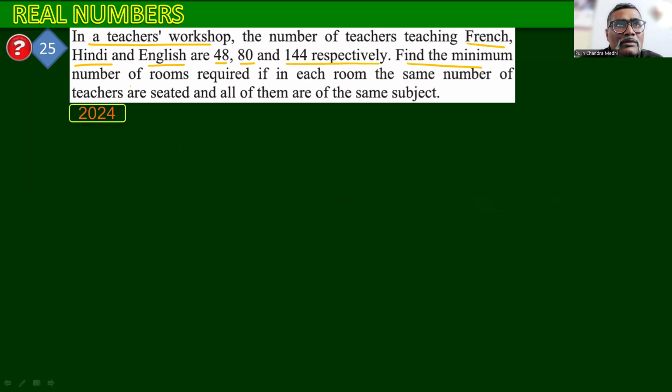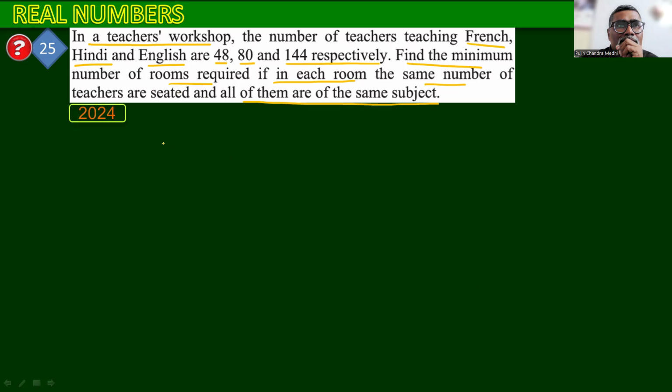Find the minimum number of rooms required if in each room, same number of teachers are seated and all of them are from the same subject. Have you understood the question?